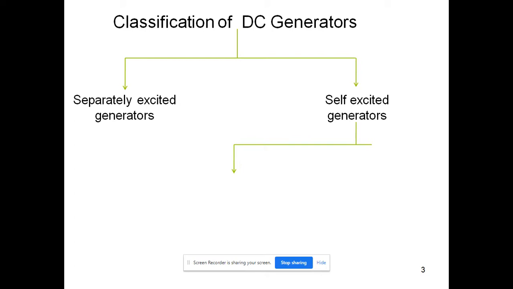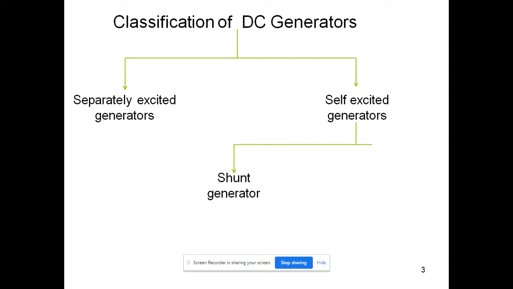Okay, let us see the classification of self excited generators. In this, the first one is shunt generator. Shunt generator means, generally in a generator there will be three parts. One is armature, second one is field, and the third one is load.